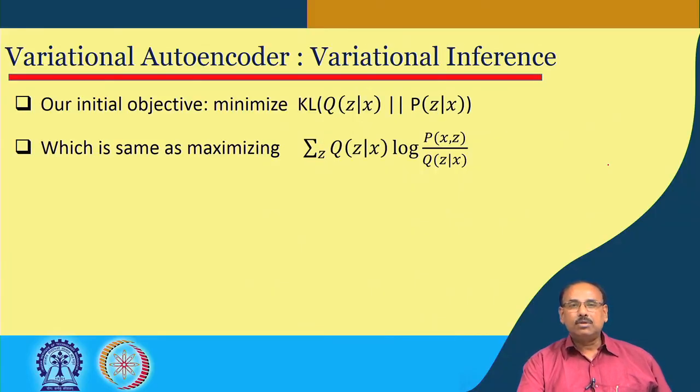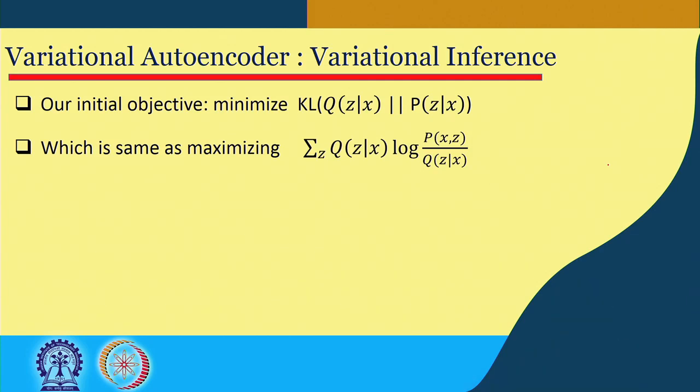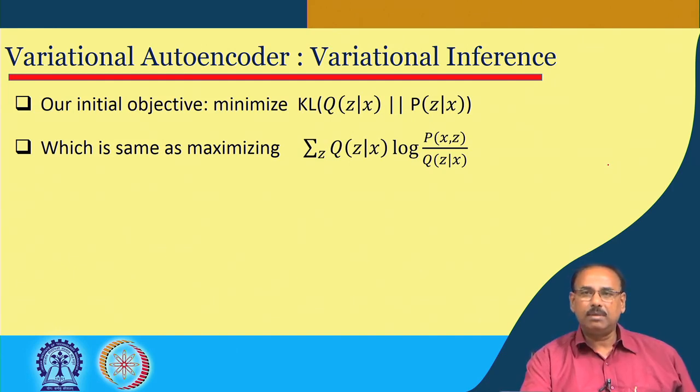This is what we discussed in the previous lectures: our initial objective was to minimize the KL divergence between Q(Z|X) and P(Z|X), and we have seen earlier that this is the same as maximizing the sum of Q(Z|X) log of P(X,Z) upon Q(Z|X), where P(X,Z) is the joint distribution.